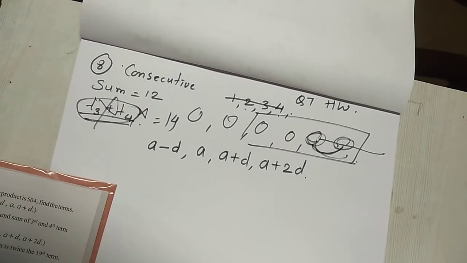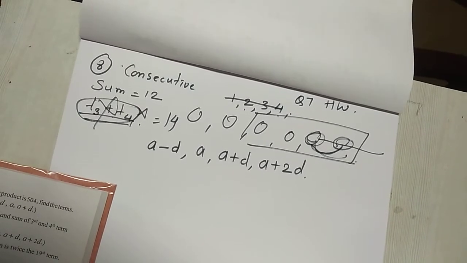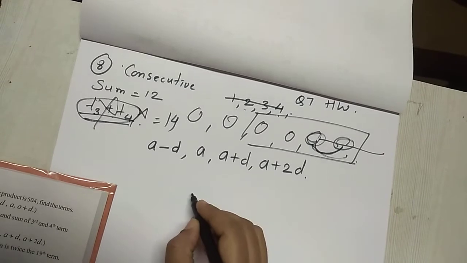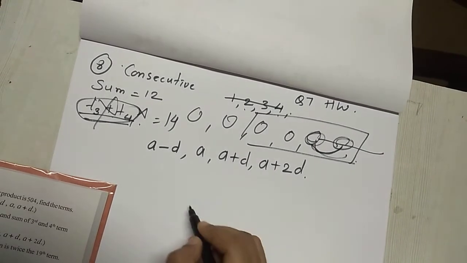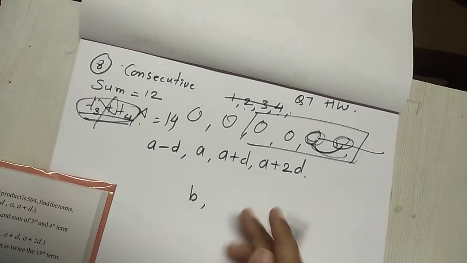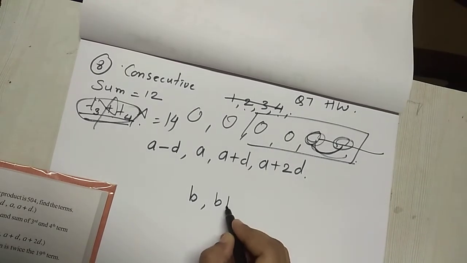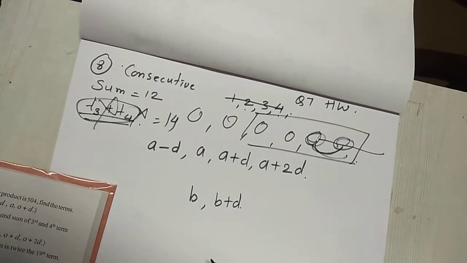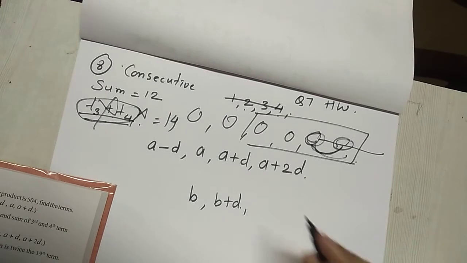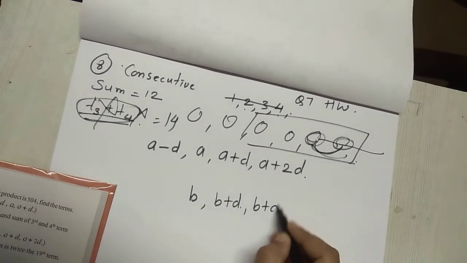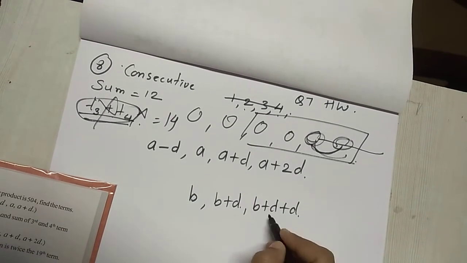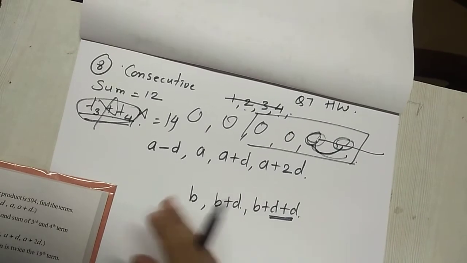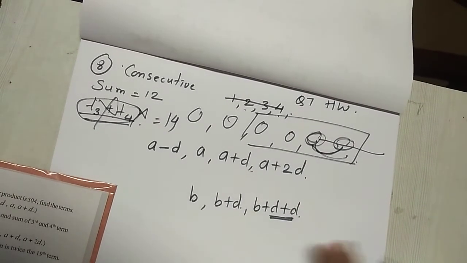As you keep on writing the next term, you keep on adding d. If you had the first term as b and you write the next term, you add the common difference to that. If you are told to write one more next term, you add one more common difference, that means it becomes 2d. This way we proceed for the next term.